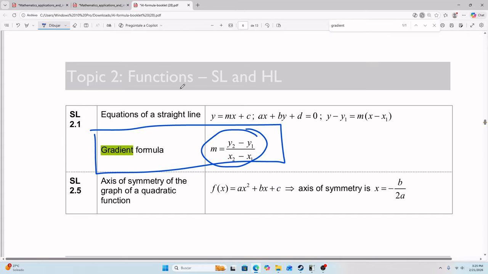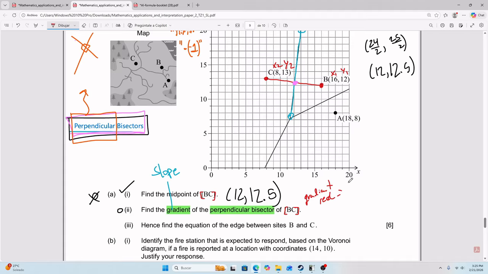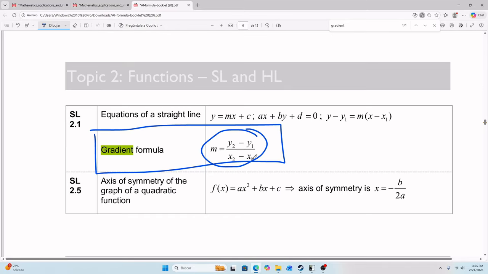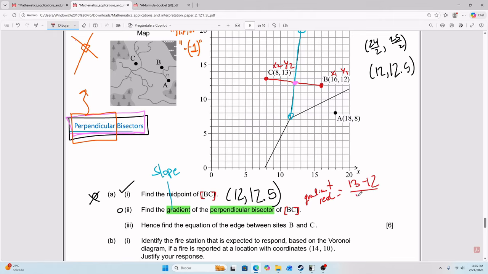So we have y2 minus y1, so it's going to be 13 minus 12, divided by x2 minus x1, so 8 minus 16. And this gives us 1 divided by negative 8, which is, well, same as negative 1 over 8. See, same thing.